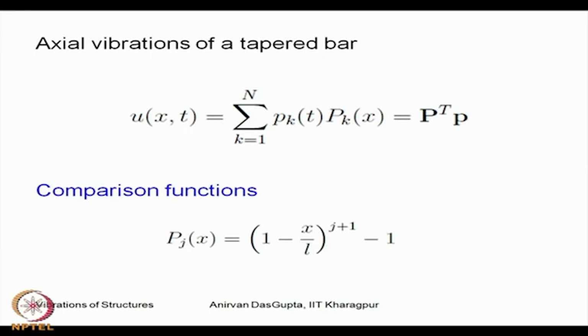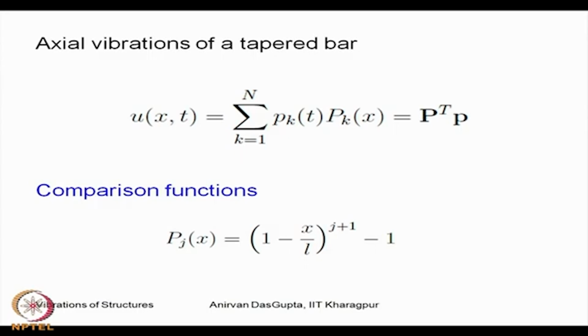So, let us look at a particular choice as shown here. We have these functions p j.